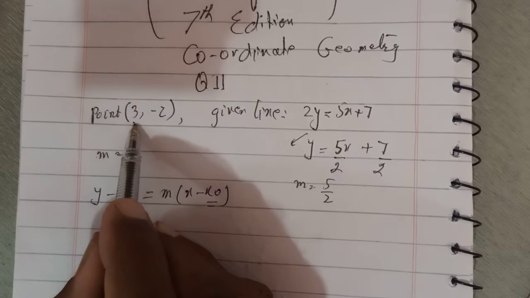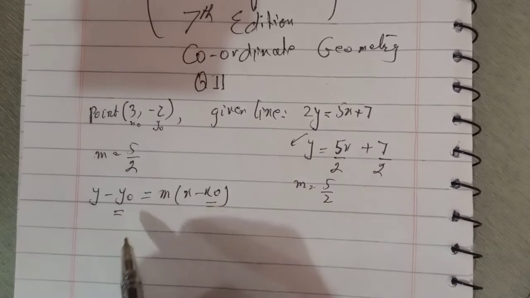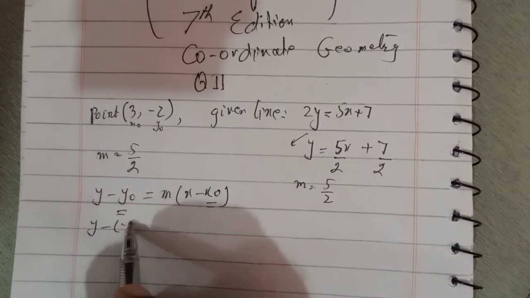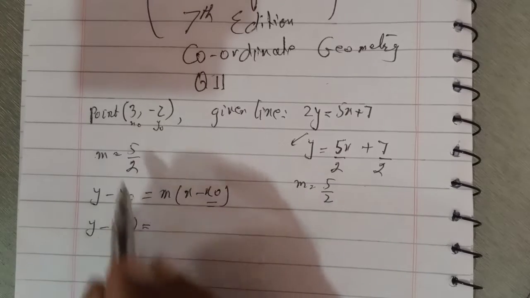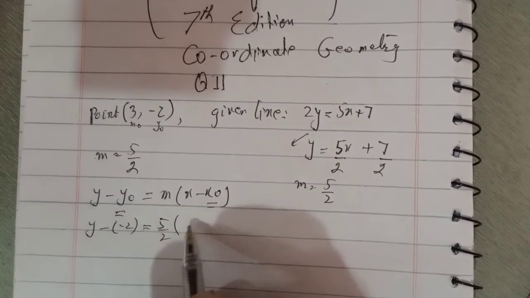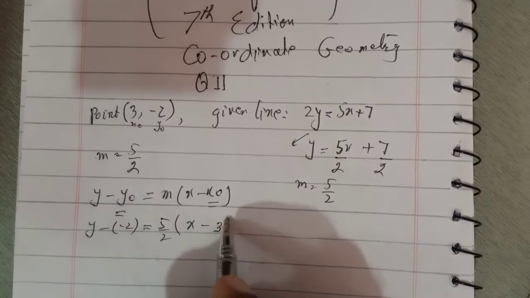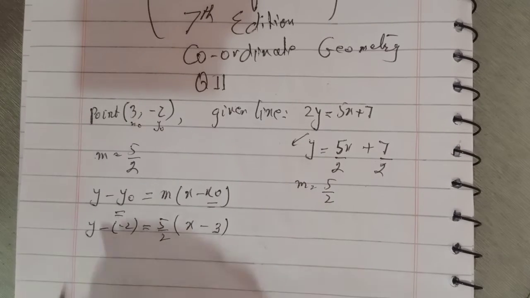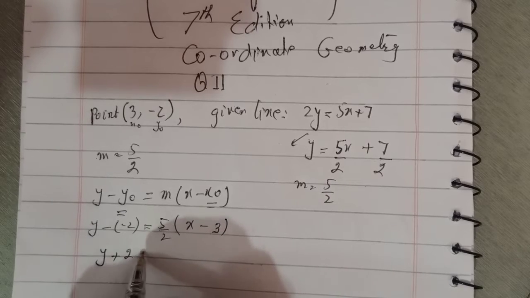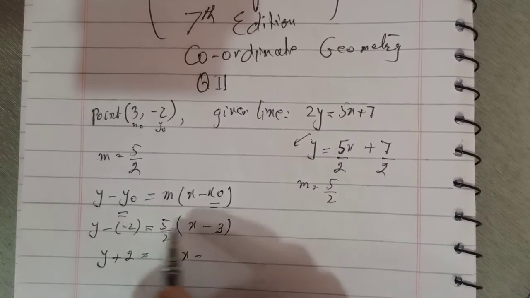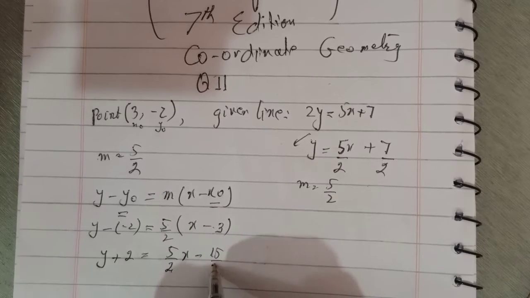This is x naught over here and this is y naught over here. I put the y naught value which is minus 2, and the gradient is 5 by 2. X minus x naught, where x naught is 3. Y plus 2 is equal to 5 by 2 times (x minus 3), which is 15 over 2.